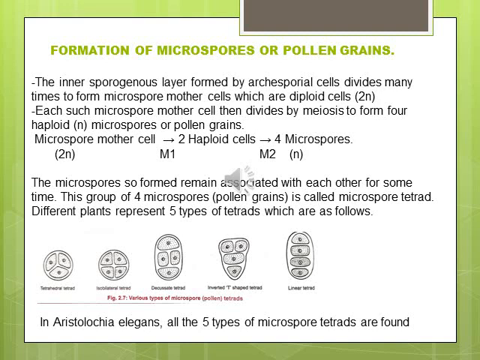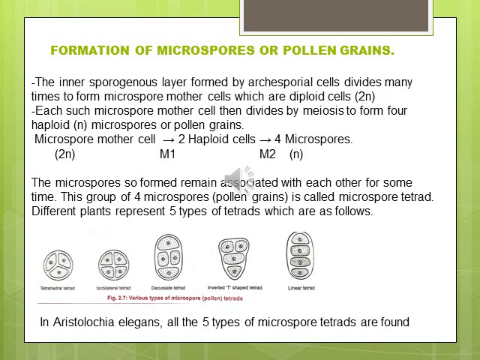Next, each microspore mother cell will undergo meiosis and form 4 haploid microspores or pollen grains. As we all know, when a cell divides by meiosis, there is a reduction in the chromosome number, and 4 haploid cells are formed.